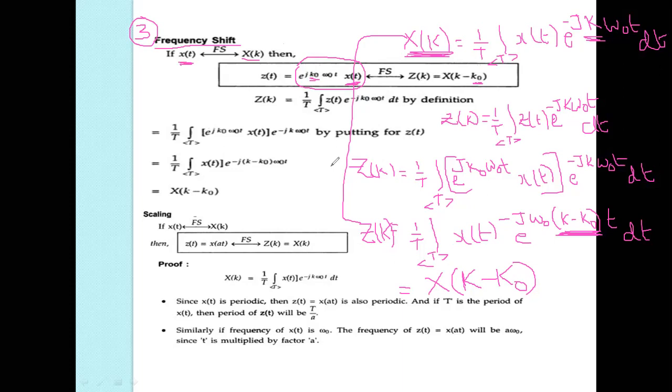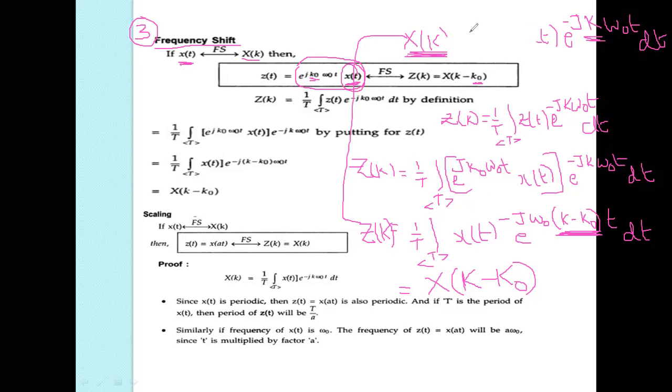In the frequency shift, the exponential factor is a positive exponential, with the samples of k naught multiplied to the time signal. In the time shift property, a negative exponential with t naught samples is multiplied to the frequency x of k. Understood?